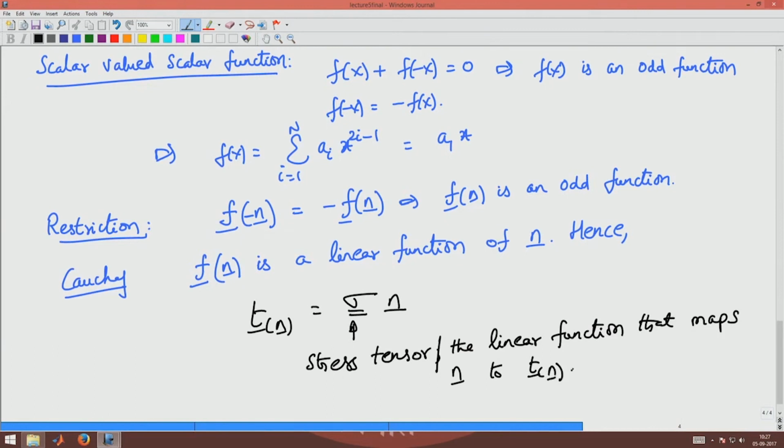Okay. For this, now you have to go into some tensor algebra to understand what this linearity means, how you define linear functions and so on. So, we will understand first what is a linear function.